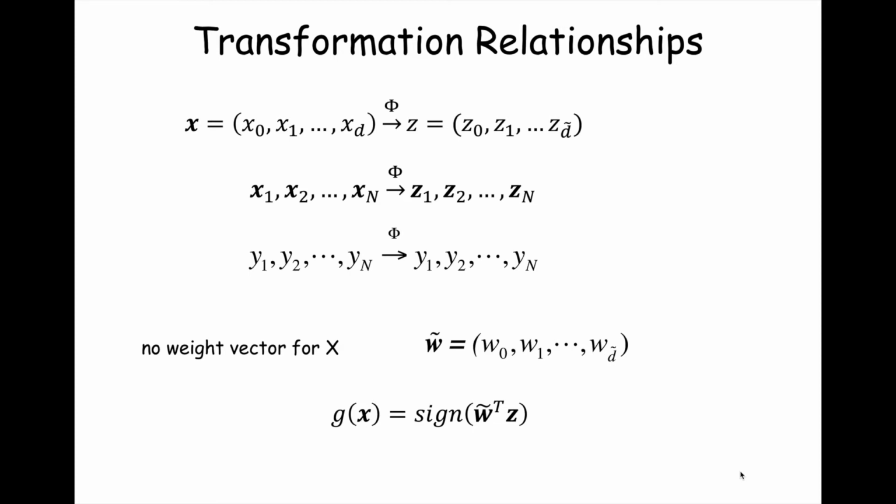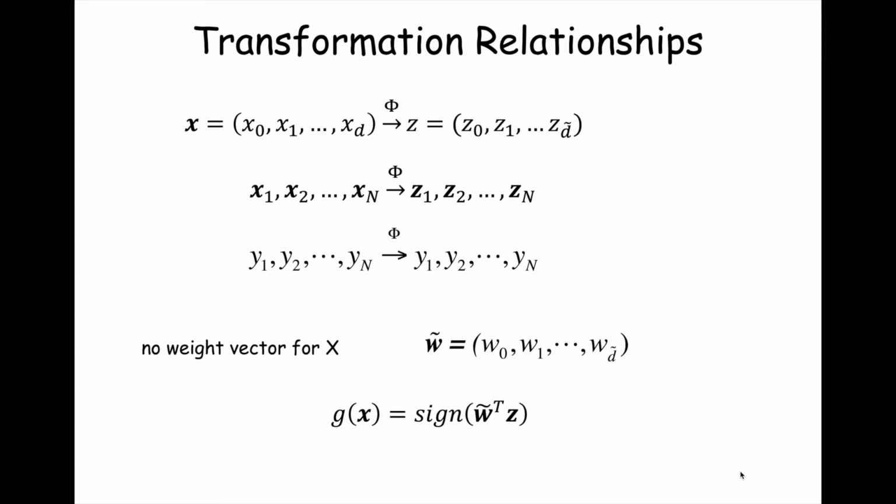Now that's on purpose, right? D tilde could be equal to d, right? So that means the dimensionality doesn't change when you go from the input representation to feature space, or d tilde could be larger. That means you're going to a larger representation when you go from your original x input to your z space.